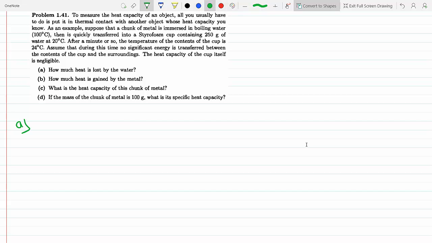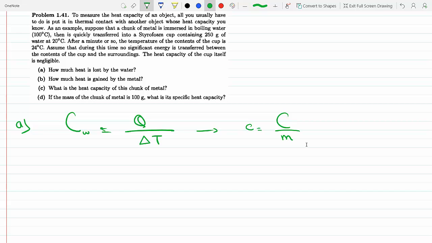So for part A, the heat capacity, which we know is Q divided by delta T, where Q is the heat that we are trying to find. Now this heat capacity we could replace by a more useful quantity, the specific heat capacity, which is per unit mass, because that's what we know about water. So we can substitute small c to equal big C over m.